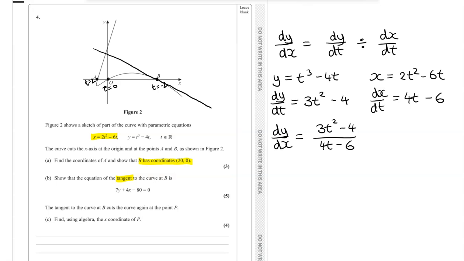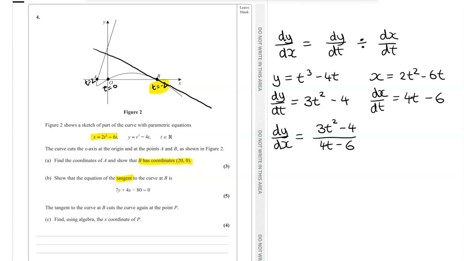Wherever I am on the curve, I could put in a value of t to find the gradient at that point. We want to find it at B. As we looked at earlier, B has the coordinates (20, 0), with t equal to minus 2. So at that point B, the value of t is going to be minus 2.